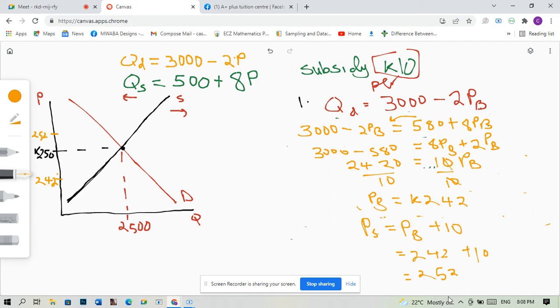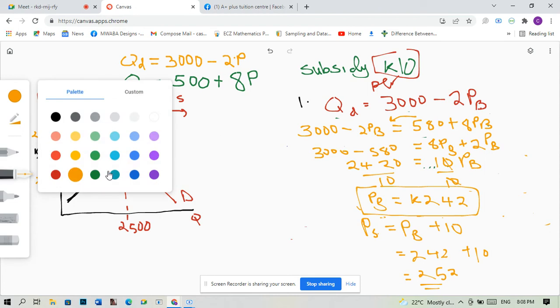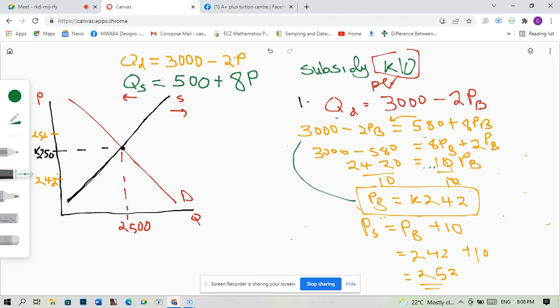Okay? So now let's find out what happens to the quantity, okay? So now the quantity, we're going to substitute this value PB equals 242. All right, we're going to substitute into our demand function, okay, which is this one, 3000 minus 2PB here.